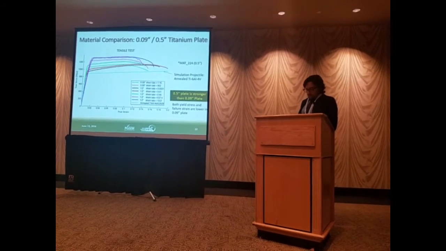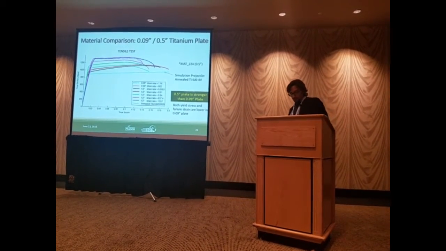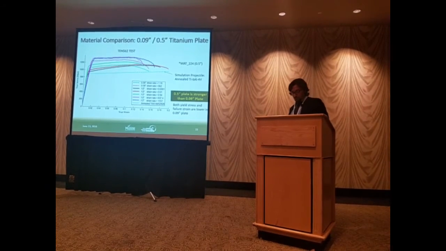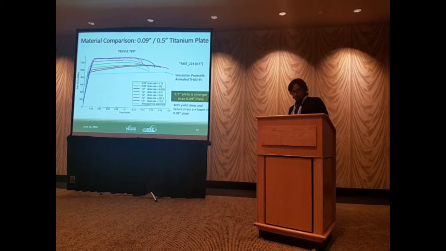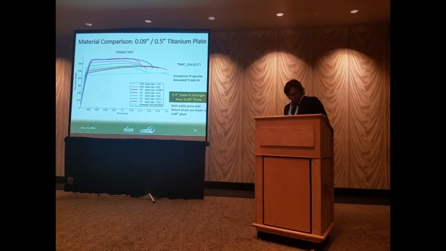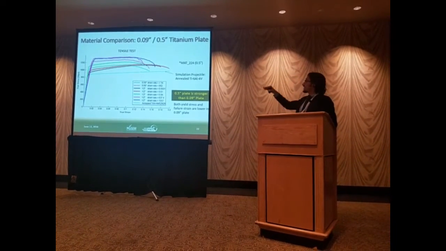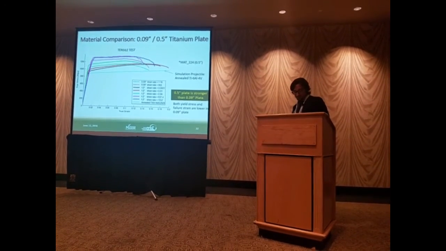Instead, the light blue line shows the true stress versus true strain for the annealed titanium projectile, where we have used MAT20 to model it, and it is boxing the line. Then it's weaker than the plate material.